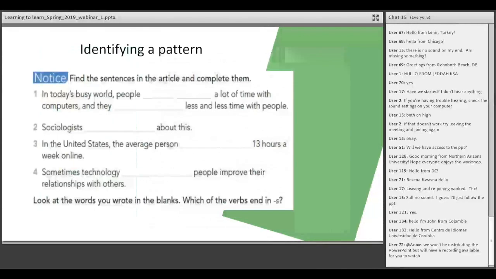But by using a guided noticing technique, we can have the students interact with the text, go back and find the sentences and put in the words, and these will be the words that were bolded.